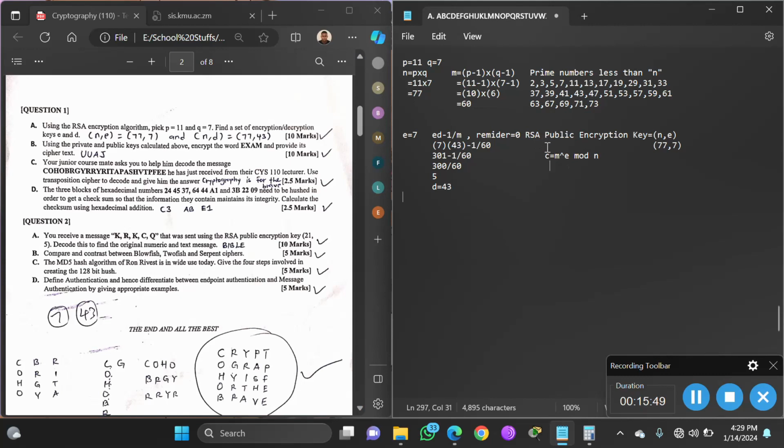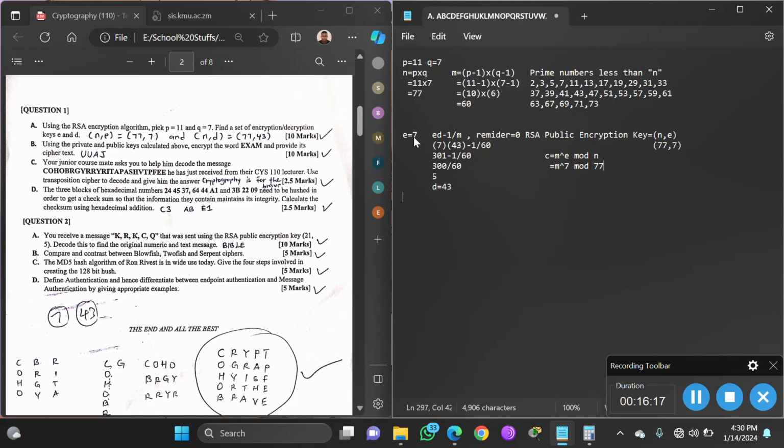Because RSA uses modulus to reduce a big value into a smaller value, we're saying mod N, which was the 77. Since M is just a plain text and I don't know any plain text to encrypt right now, I will just say M. So power E, which is 7, then mod N, which is 77.